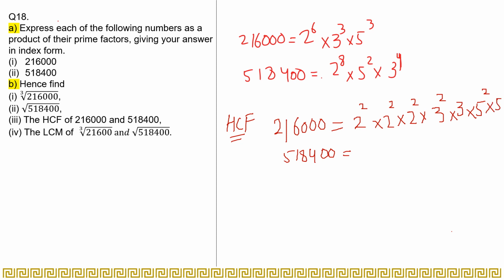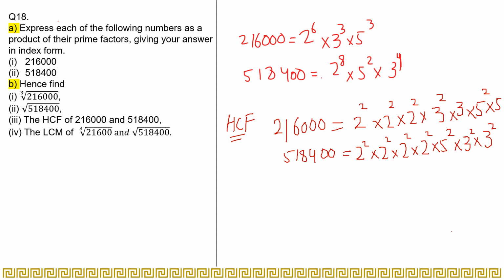And in the same way I will write the next ones in pairs: 2 to the power 2, 2 to the power 2, 2 to the power 2 and 2 to the power 2. Then I have 5 to the power 2, and then 3 to the power 2 and 3 to the power 2. So let's see what we have in common between these.